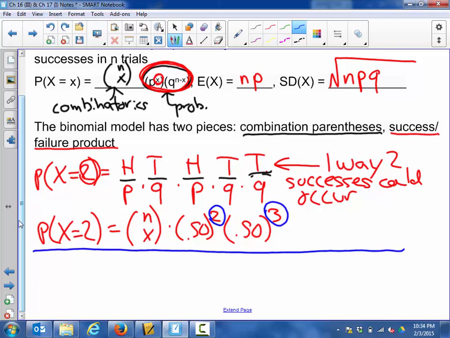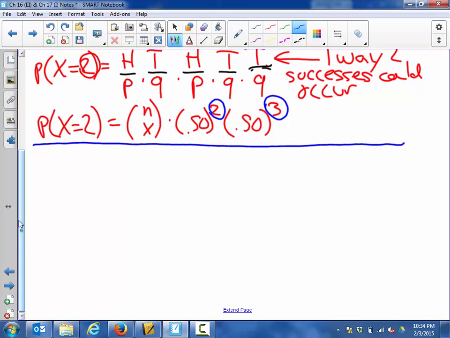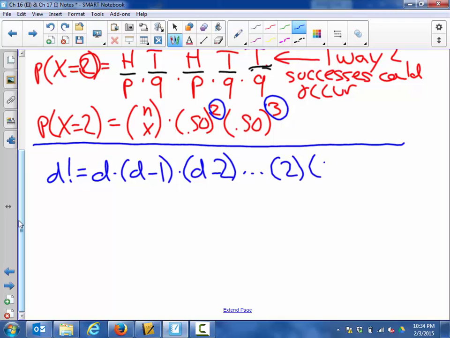The second piece that we need is this combinatorics piece, and to get that, we first need to understand a factorial. A factorial is defined as follows. If I have d factorial, what I'm saying is that is d times d minus 1 times d minus 2, onwards and onwards down the line down to 2 times 1.